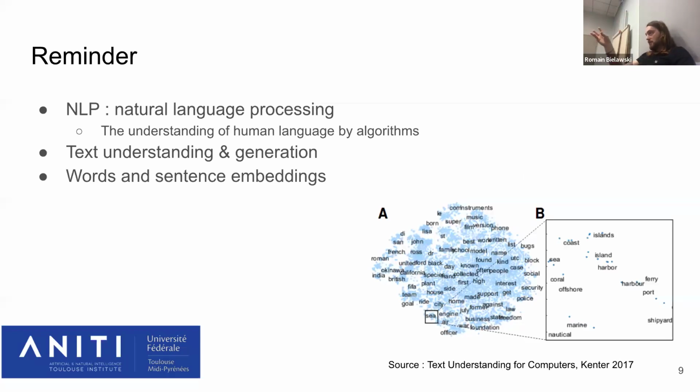And so here you have a bigger visual representation of a word2vec embedding. Of course it's 300 dimensions, but you can project on 2 dimensions to visualize. And you can see that you have similar meanings in neighboring words.